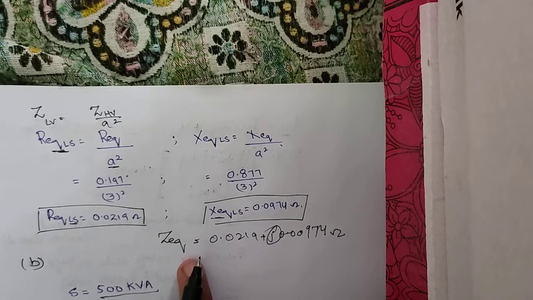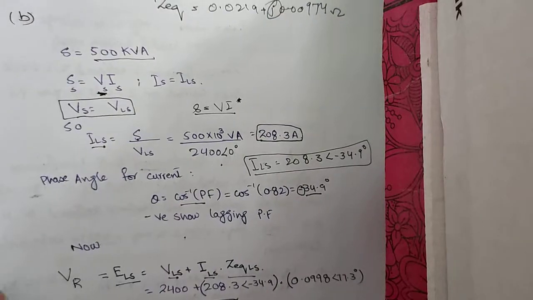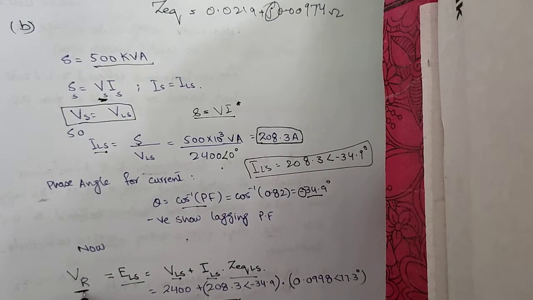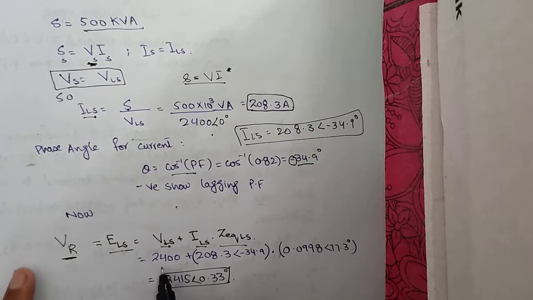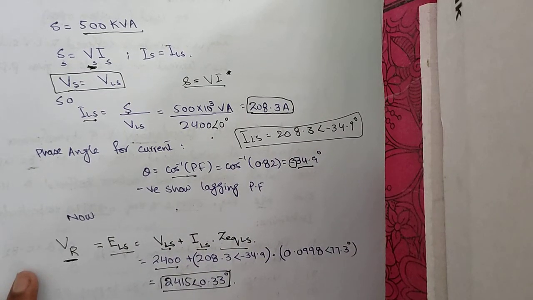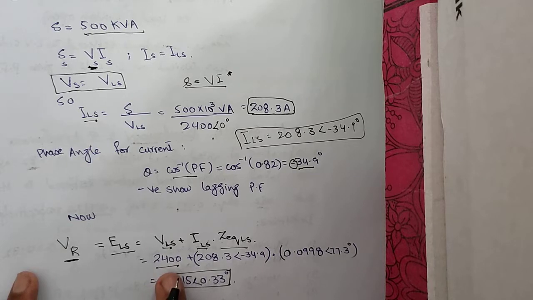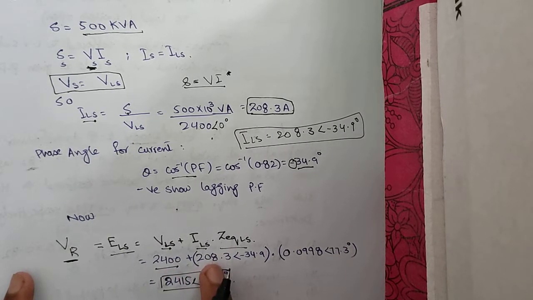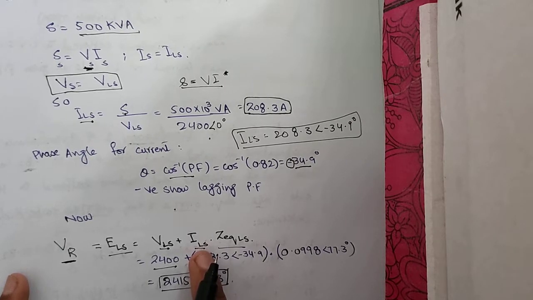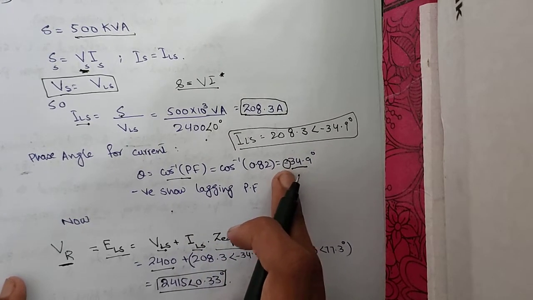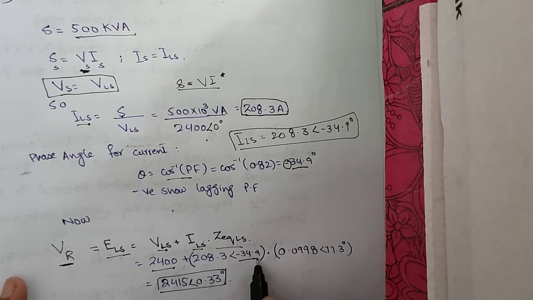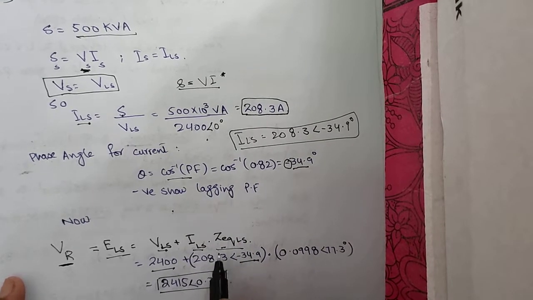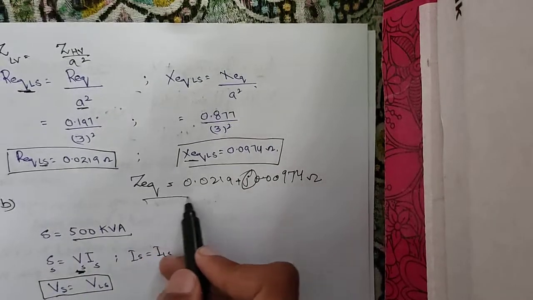Now, using these calculated values, you can calculate the rated output voltage. VLS is equal to 2400, as I said. The no load voltage and the secondary voltage will be the same, plus ILS, which is the current at power factor of 0.82 with phase angle minus 34.9, multiplied by the impedance which is given over here.